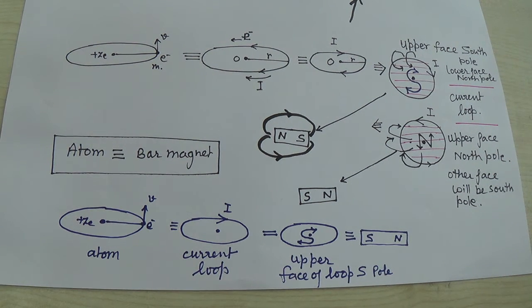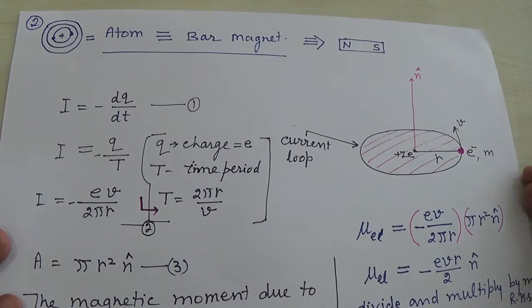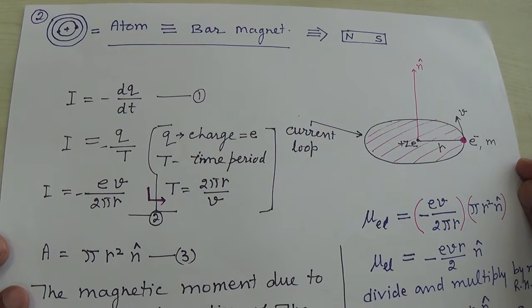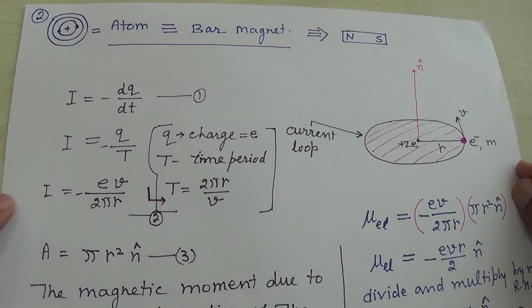So this was the first idea to understand the atomic dipole moment, and our ultimate idea is to understand the intensity of magnetization of any substance. In the next slide, I have shown that an atom is equivalent to a bar magnet.